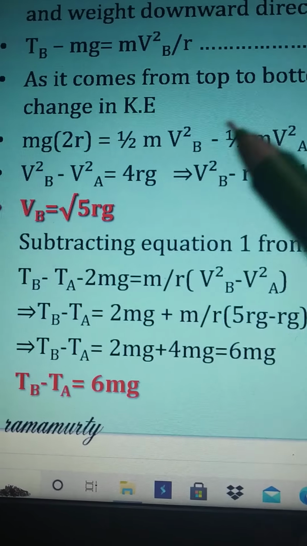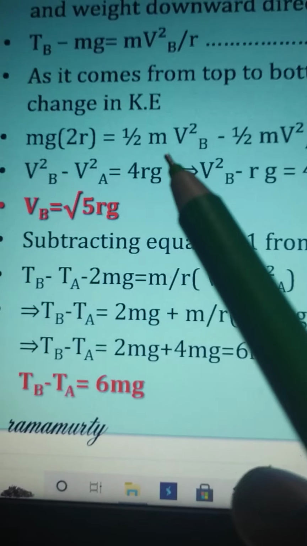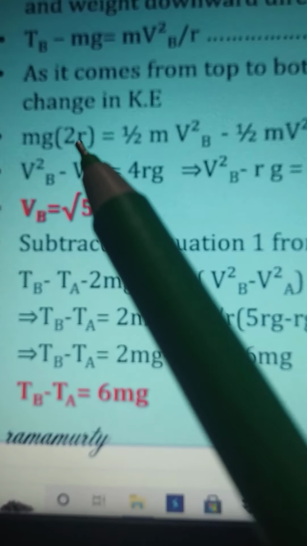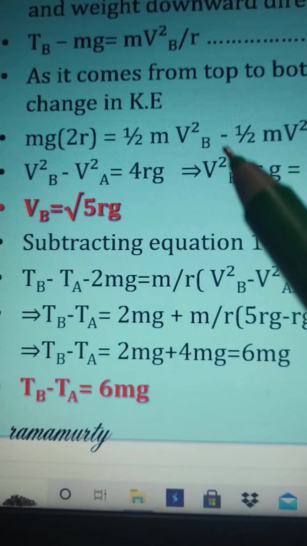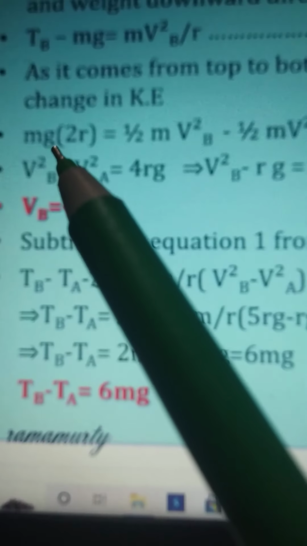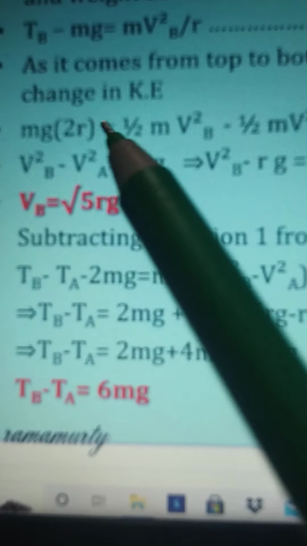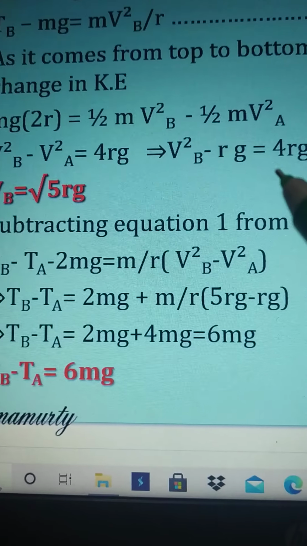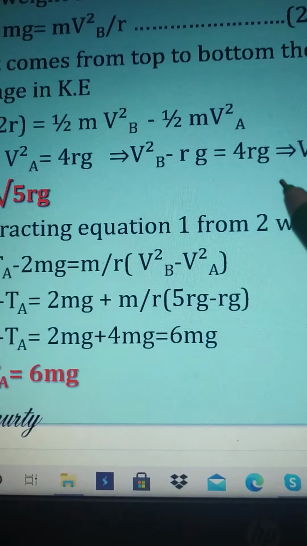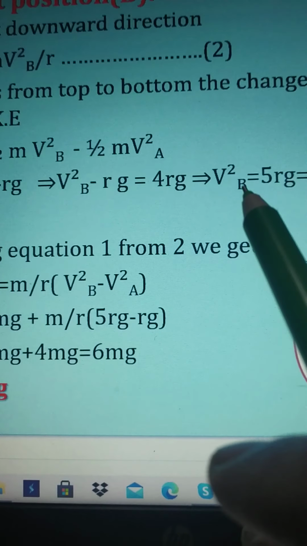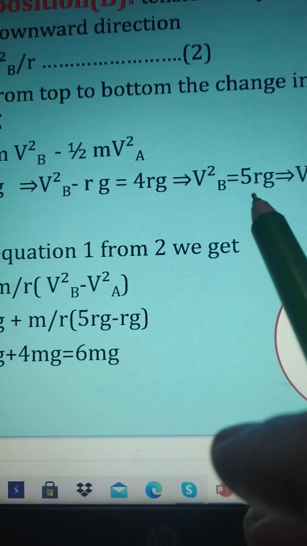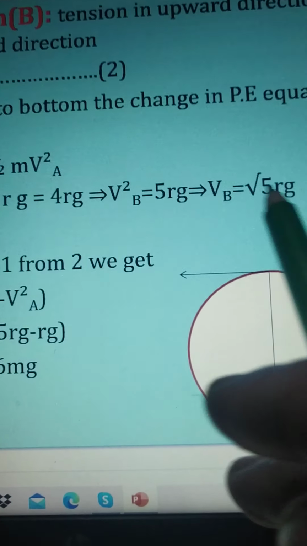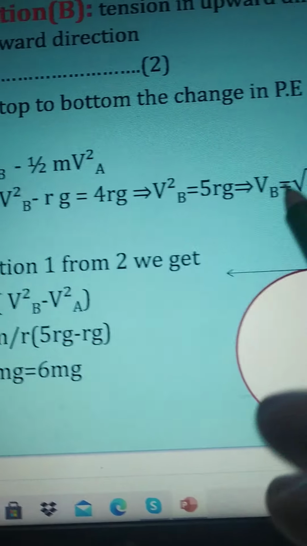Here m cancels out, the remaining term is 2rg, and the half goes to the 2, so we get 4rg. So v_B square minus rg is equal to 4rg, which gives v_B square is equal to 5rg. So v_B is equal to root of 5rg.